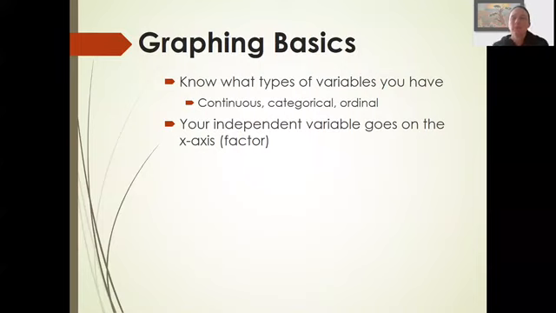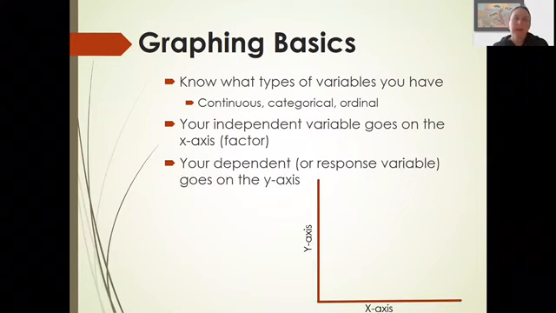When you're making a graph, you always put your independent variable on the x-axis. So it's some kind of a factor. JMP calls it a factor. And you put your dependent variable or your response variable on y. So in this case, whatever variable is y is dependent on x. Like plant growth depends on how much sunshine the plant gets, right?